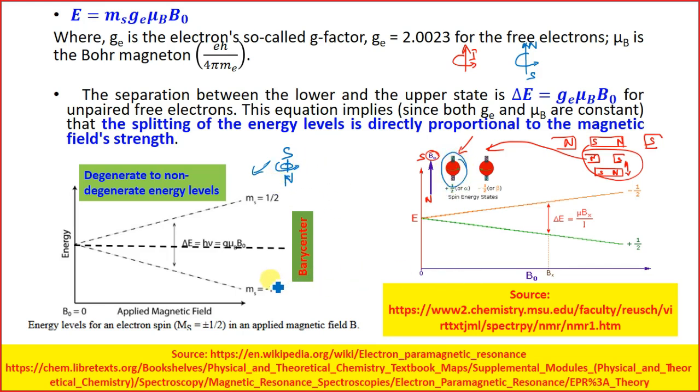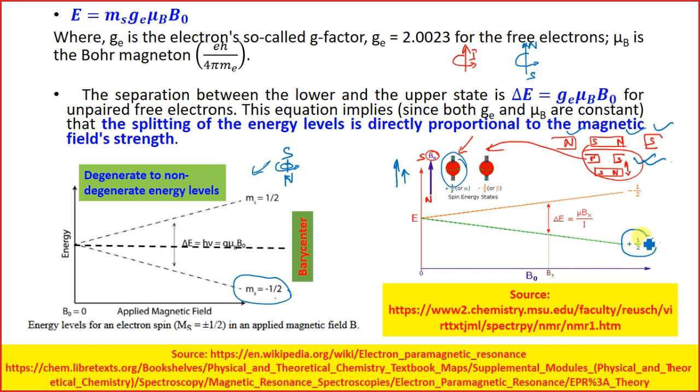Now, due to this reason, if you see the low energy state, it is having minus half. In this case, it was having plus half because of this configuration. Are you getting my point? So our magnetic field is there, our magnetic moment is in this way.